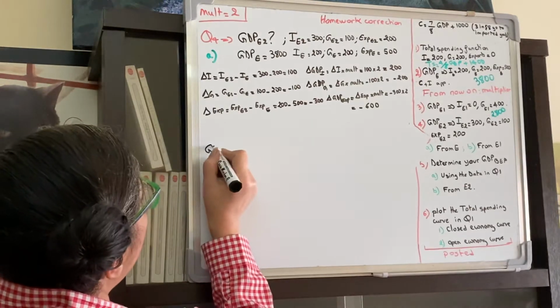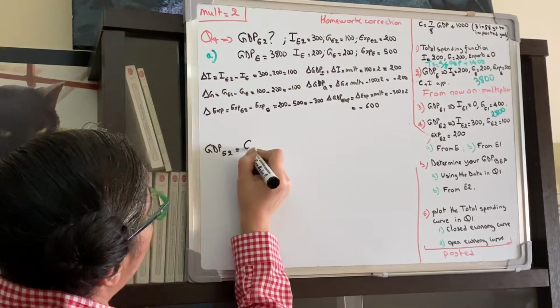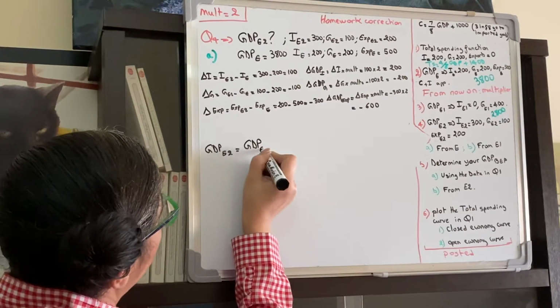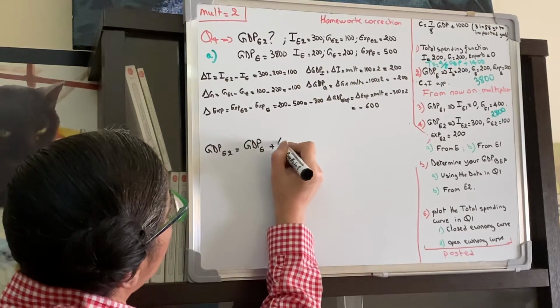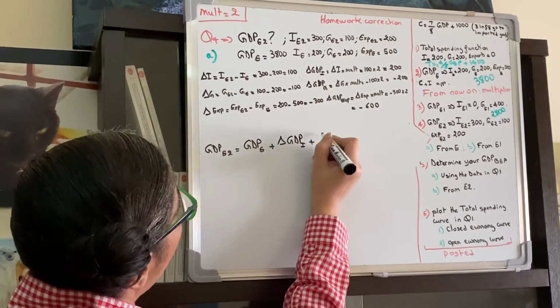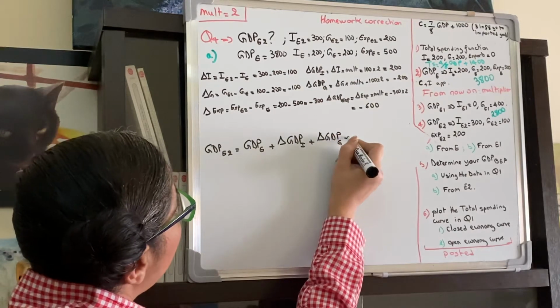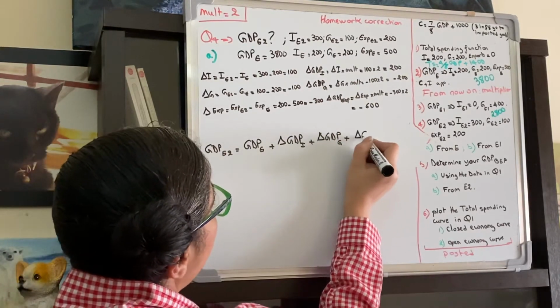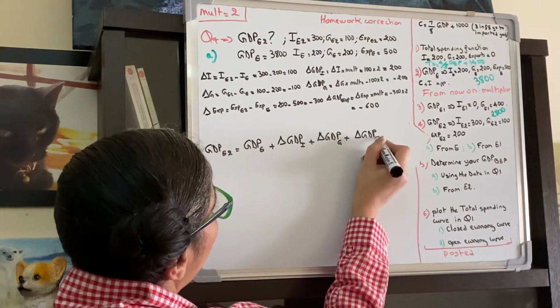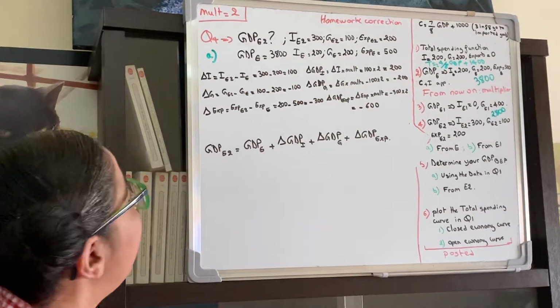So GDP at E2 is equal to GDP at E plus delta GDP due to investment plus the change in GDP due to the government plus the change in GDP due to exports. For imports, it's already calculated.